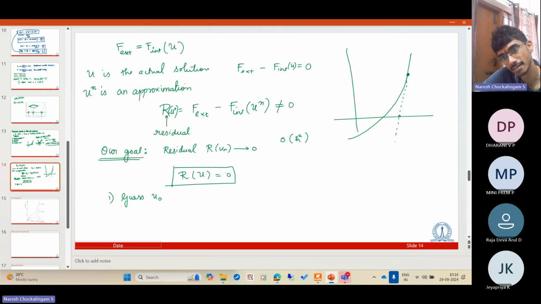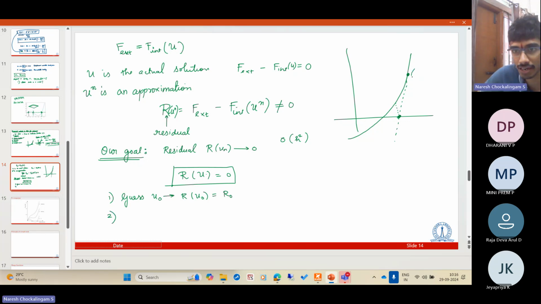See where it hits the x-axis and call it the next estimate. So you start with a guess u0, then with u0 you can find r of u0, call it r0. That's the initial residual. When you start, that residual value will usually be big. So don't worry about it, even if it is big. Okay, what is the next step?